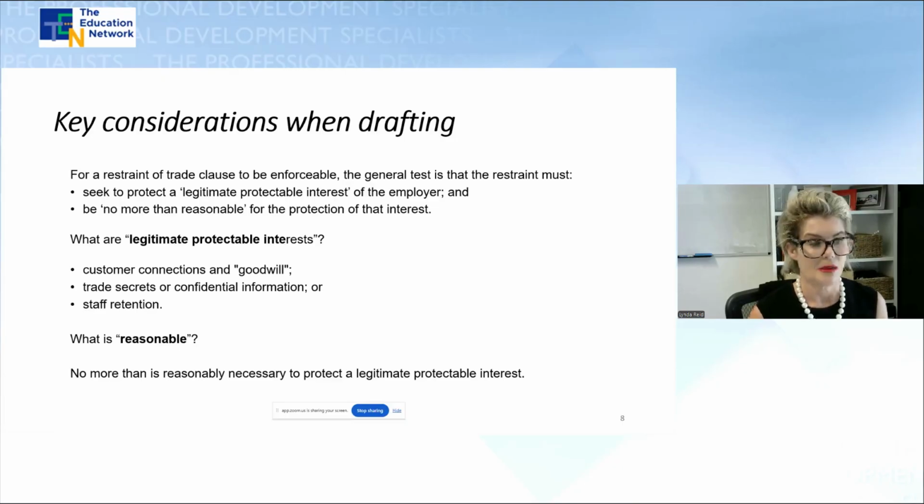And then the second limb of it is what is actually considered to be reasonable. And from an enforceability perspective, reasonableness is something that is no more than is reasonably necessary to protect a legitimate protectable interest.